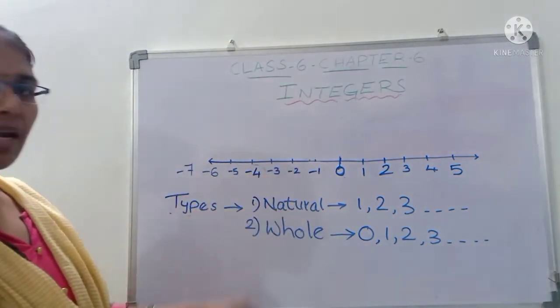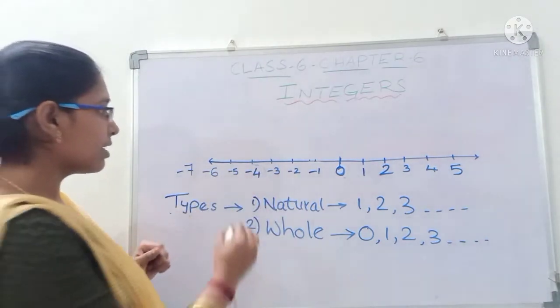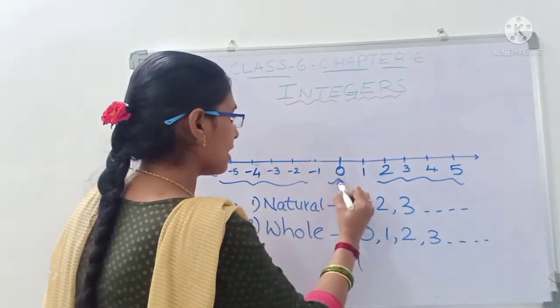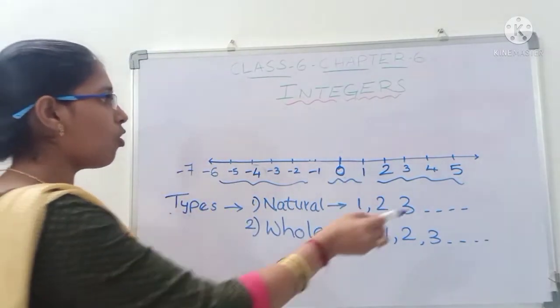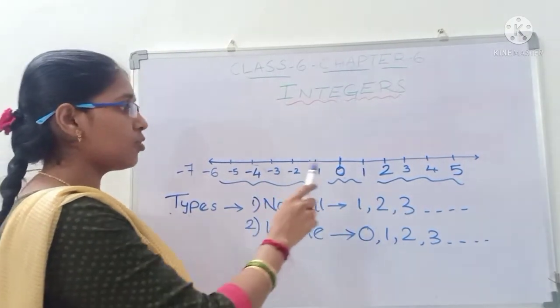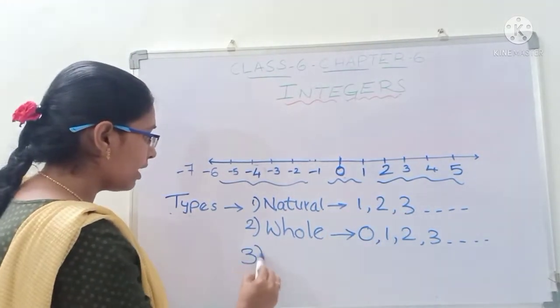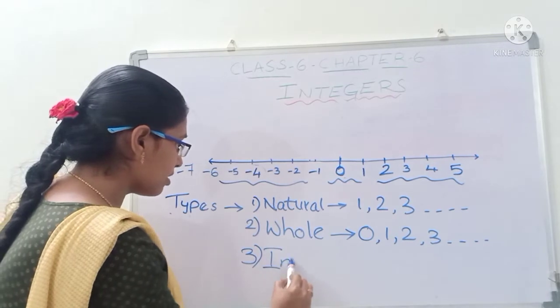Now you are seeing the number line. So what are these numbers? These are negative numbers, these are positive numbers and this is 0. So all the numbers, negative, 0 and positive numbers are together called integers.